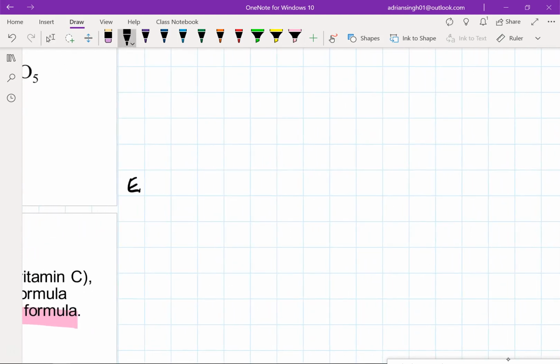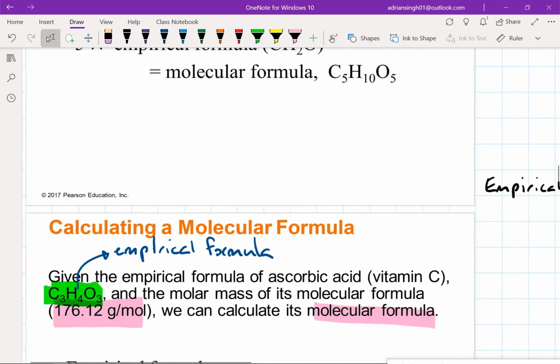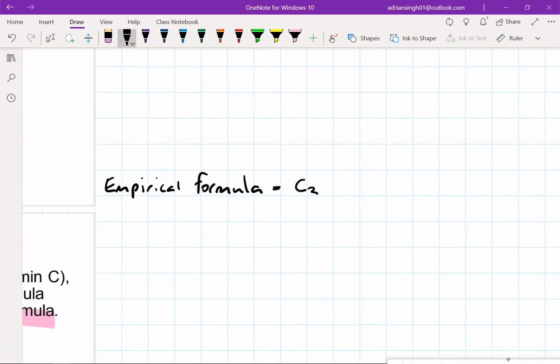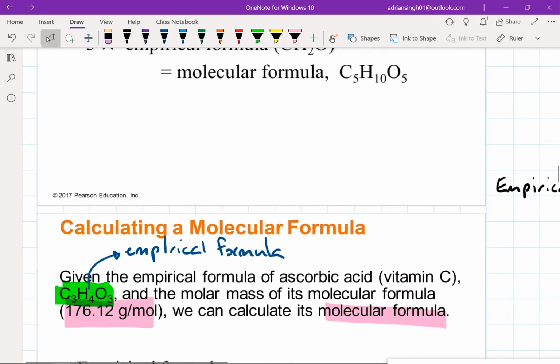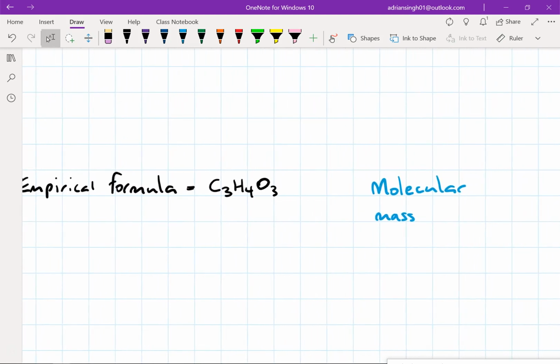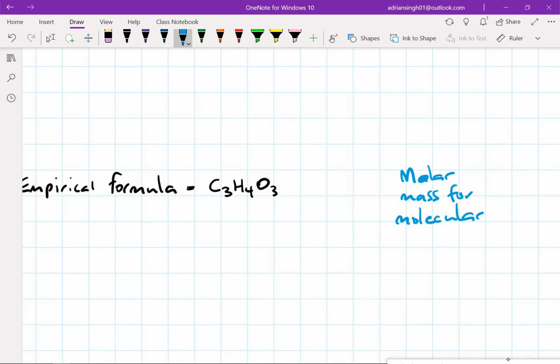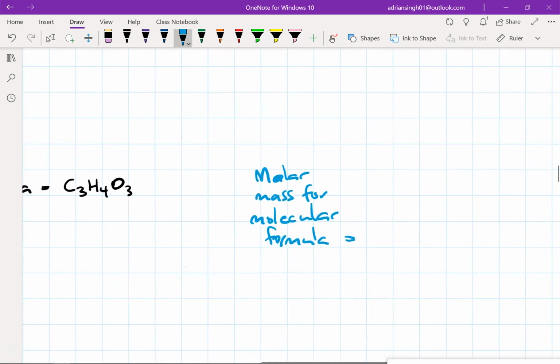We have our empirical formula as C3H4O3, and we're also told that the molar mass for the molecular formula is given to you as 176.12 grams per mole.